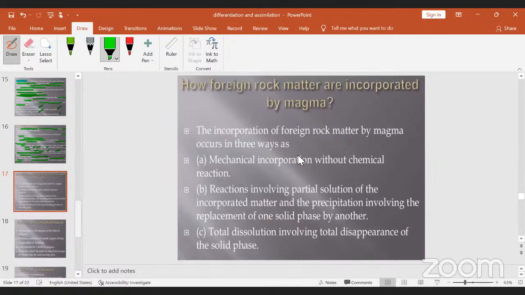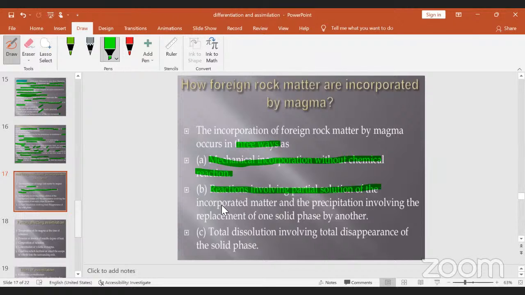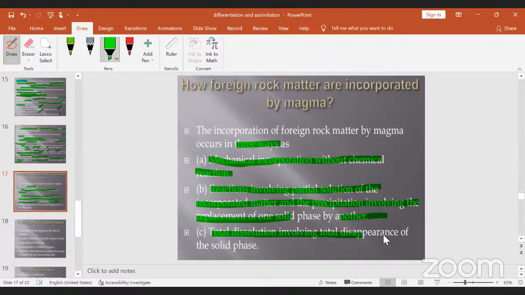So how is foreign rock matter incorporated by the magma? This occurs in three ways. First is mechanical incorporation without chemical reaction. Second is reactions involving partial solution of the incorporated matter and precipitation involving the replacement of one solid phase by another. And third is total dissolution, involving the total disappearance of the solid phases.